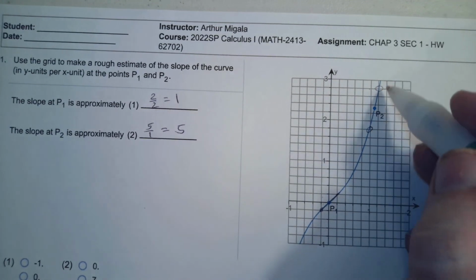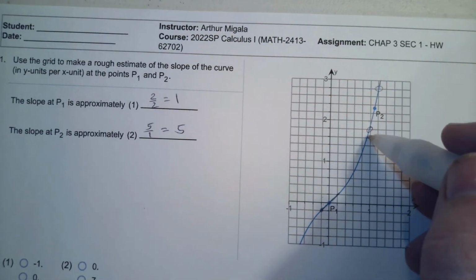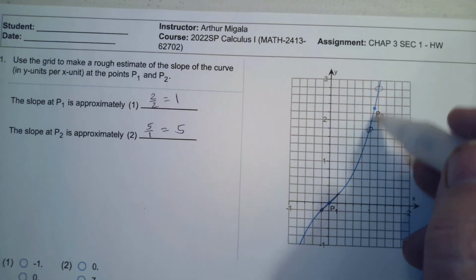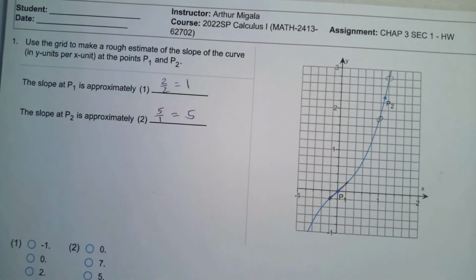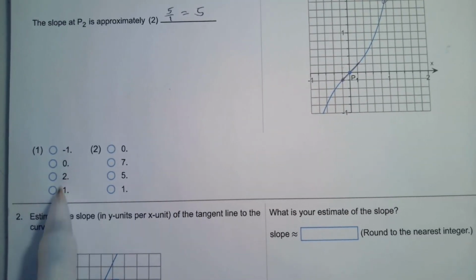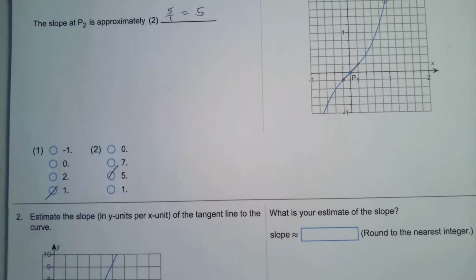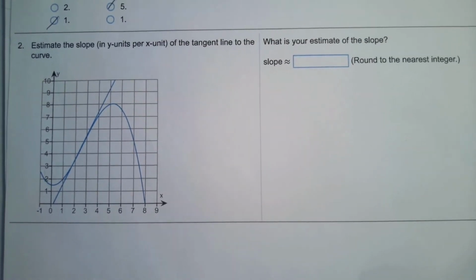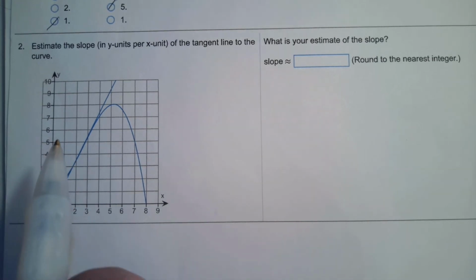That's an estimate. So I said find points on both sides, and the average of those is going to be the slope. We're going to get from one point to the other point. So we only have these possibilities. So it's 1 and 5. Same thing here. Let's look at this one. Okay, estimate.